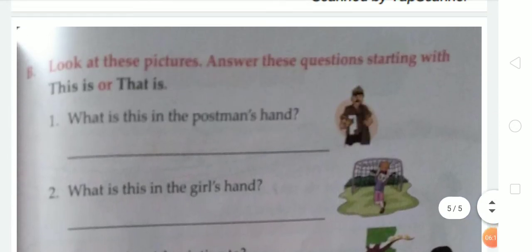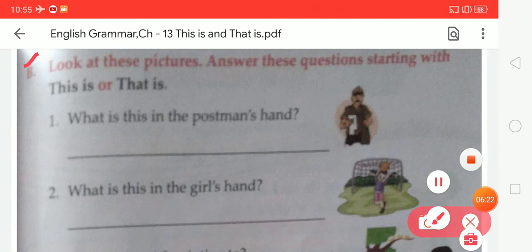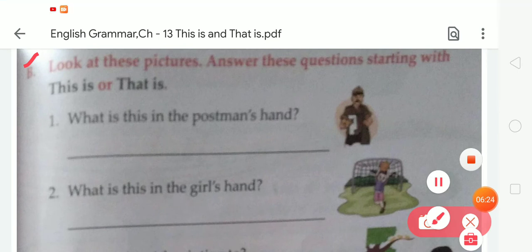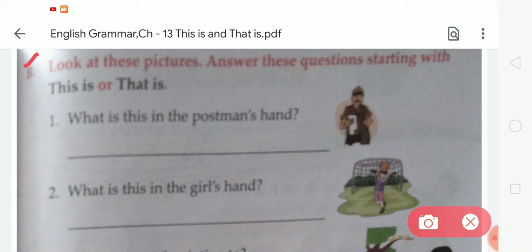Now come to the last exercise. In this exercise, look at the picture and answer the question starting with this is or that is. So student, we have to read the given question. According to the question, we have to write the answer which is shown in the picture, and we have to use this is or that is.